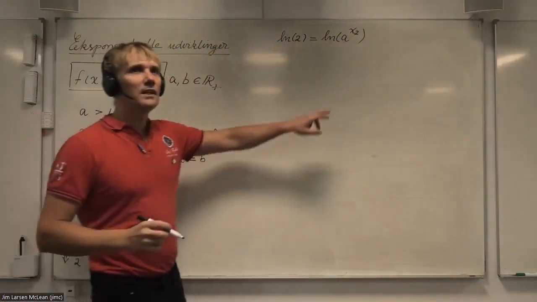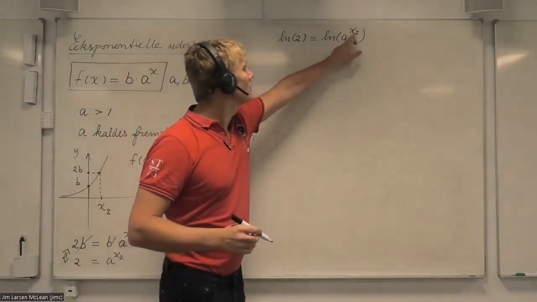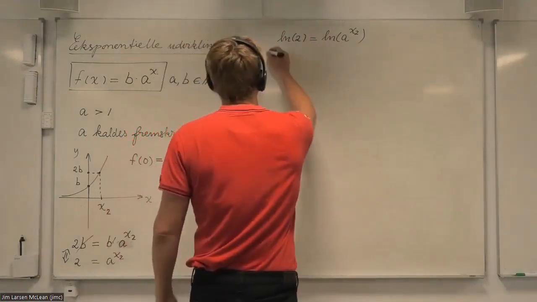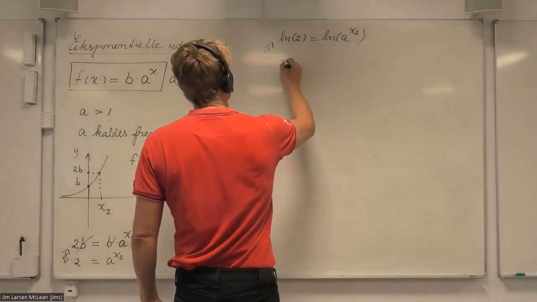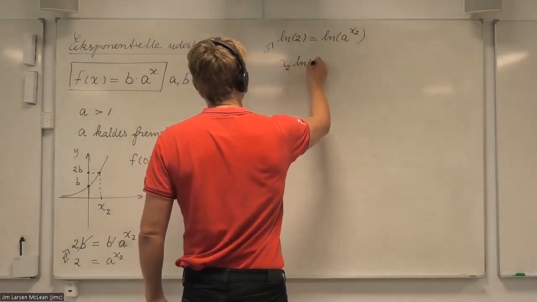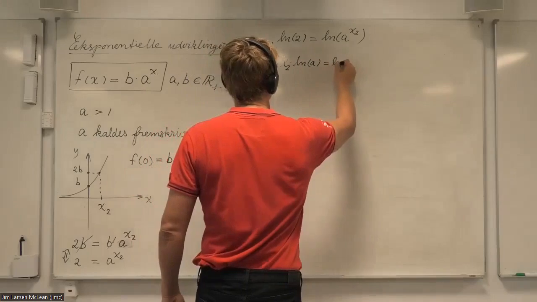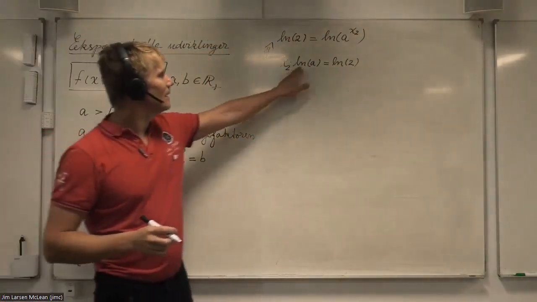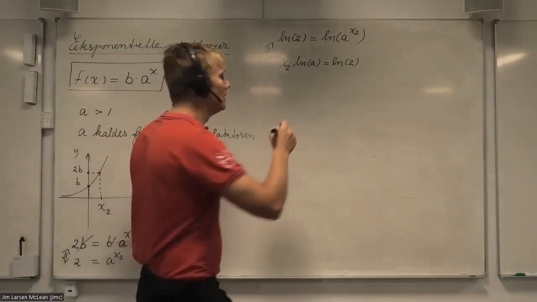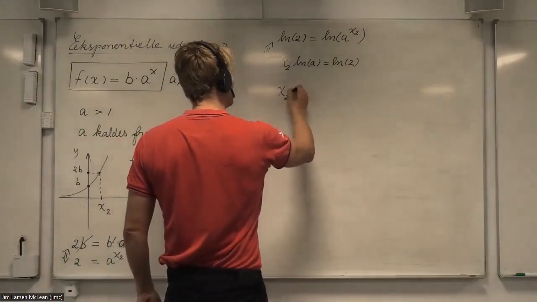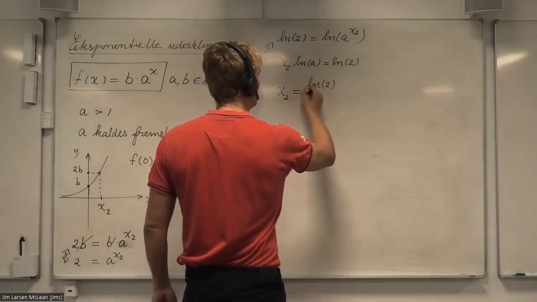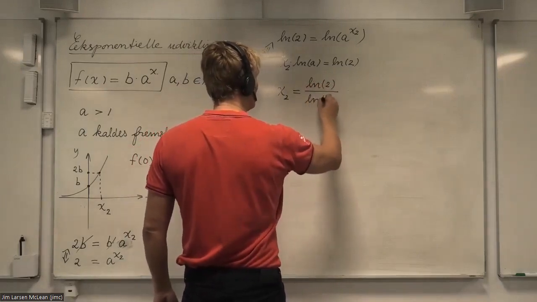We can use one of the rules we learned last time, where you can multiply the exponent in front. That was logarithm rule 3 from last time. So now I get that x2 times ln a equals ln 2. If I just swap the right and left side, and then I can finally divide by ln a, I have a formula. So the doubling constant for an exponentially growing process is the natural logarithm of the number 2 divided by the natural logarithm of the growth factor a.